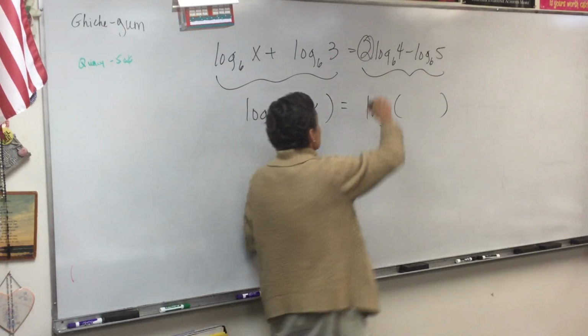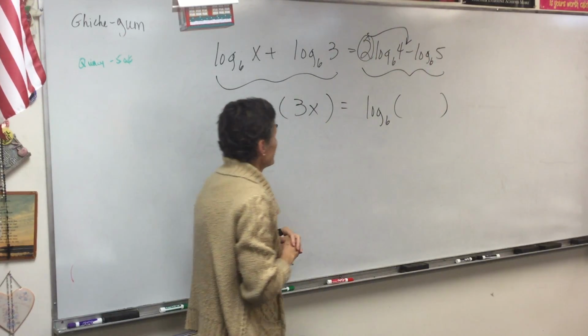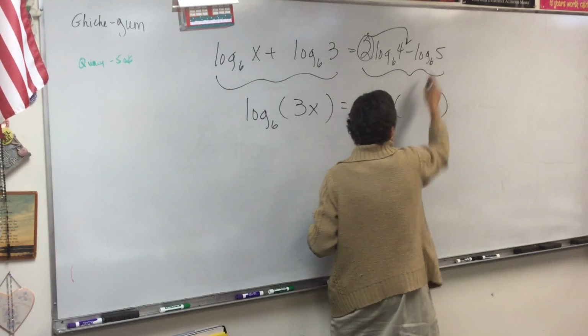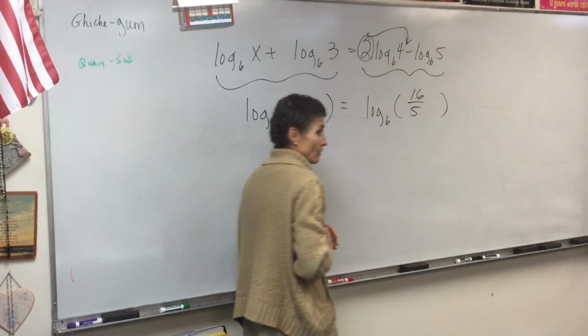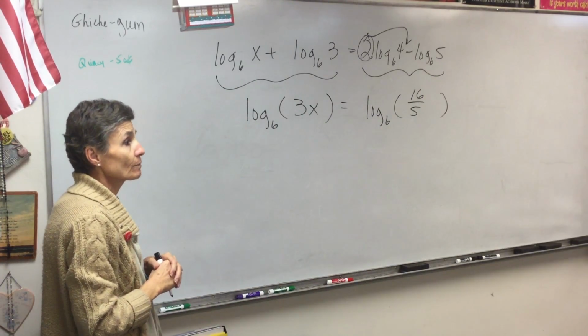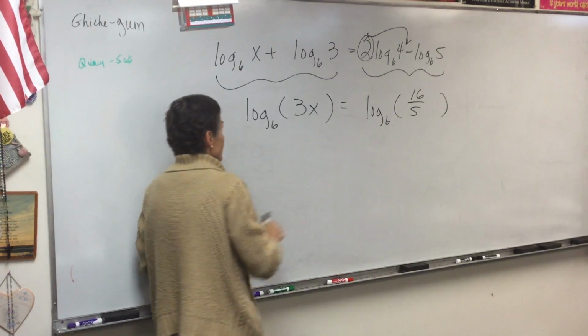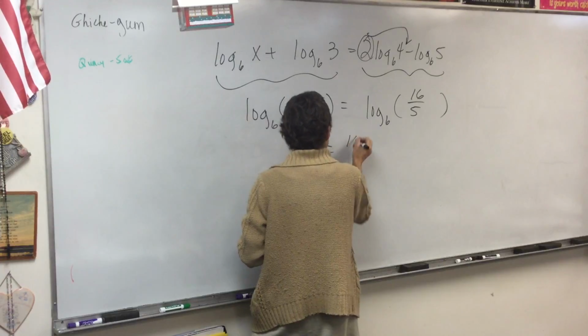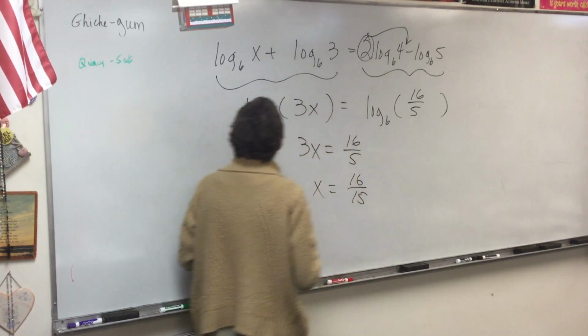An exponent. So that is really a 16. What am I doing with the 16 and the 5? I'm dividing them. So this is 16 over 5. Right? Now what? 3x equals 16 fifths. So x equals 16 fifteenths.